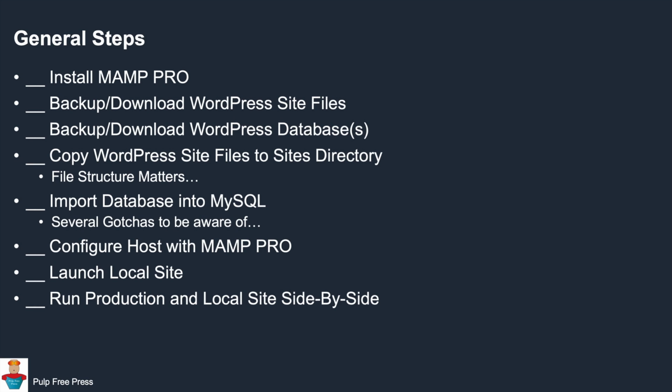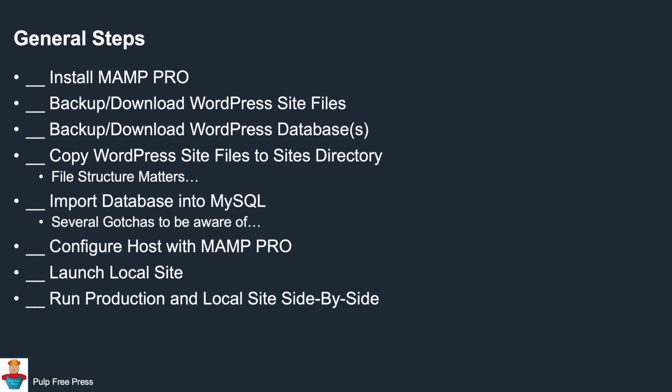Okay, quick review. The general steps, we installed MAMP Pro, Windows or Mac Edition, whichever platform you have. Then we backed up the WordPress site files, downloaded them either with FTP or using whatever backup and download process your host provider has for you.